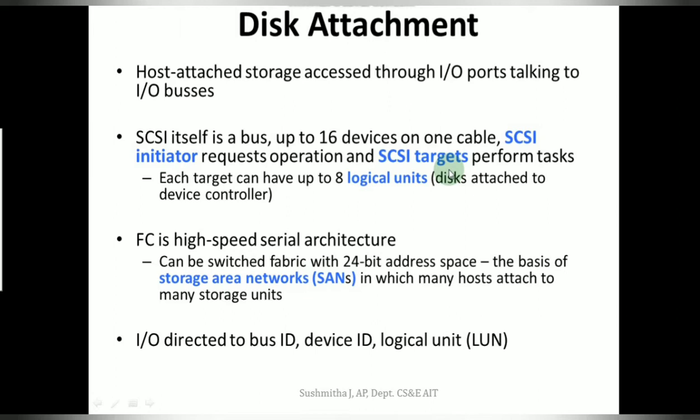So if the main memory is trying to read from the hard disk, the port on the main memory or your motherboard becomes the initiator, and the port that is available on the hard disk becomes the target.